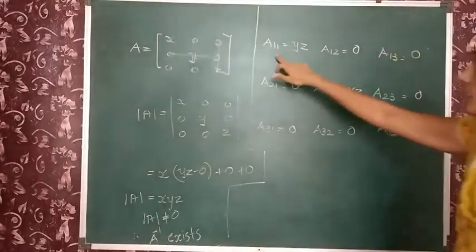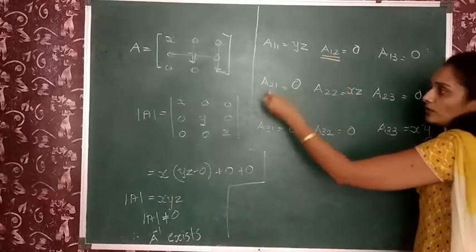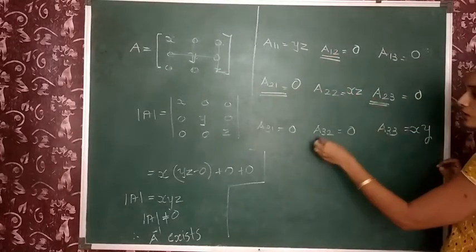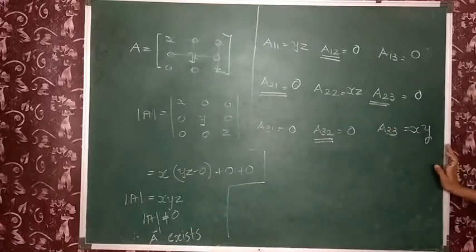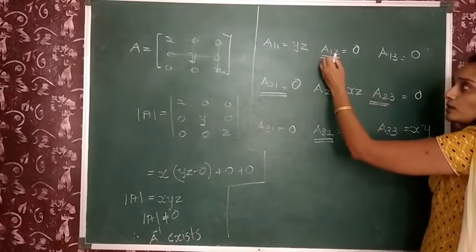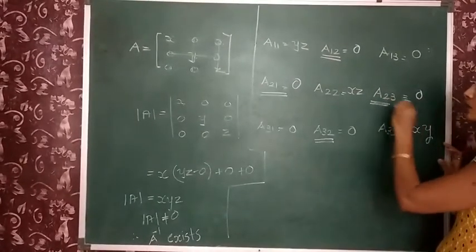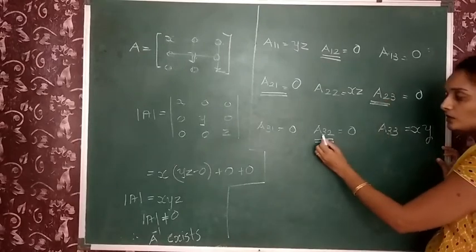And we have to find the cofactors. As you know, we have to change the sign of these four elements because the sum of their indices is odd. 2 plus 1 is 3, 1 plus 2 is 3, 2 plus 3 is 5, 3 plus 2 is 5.